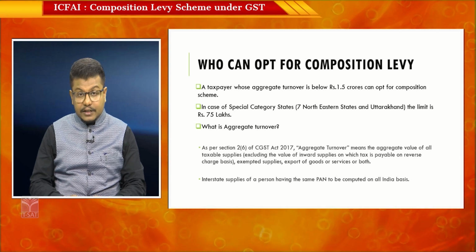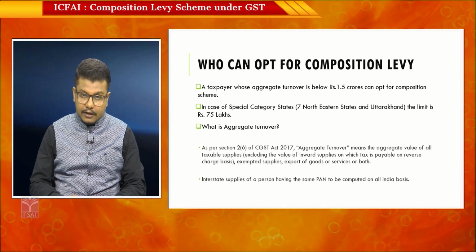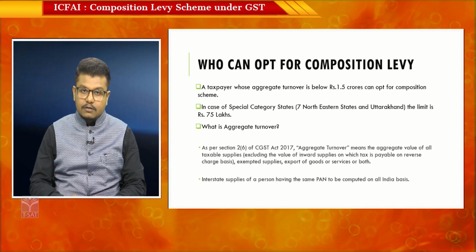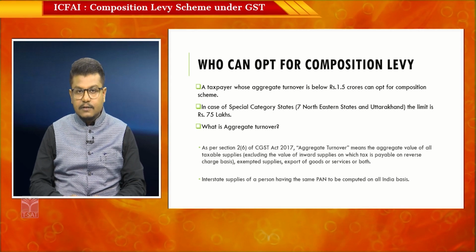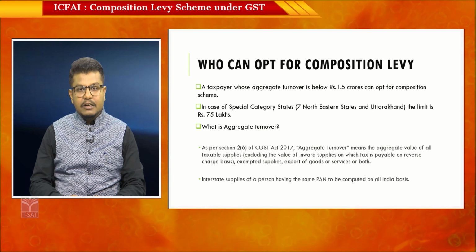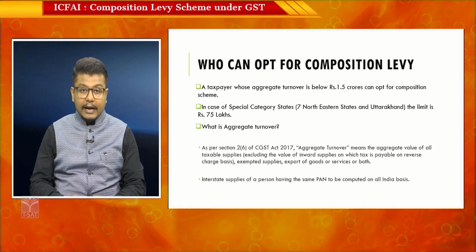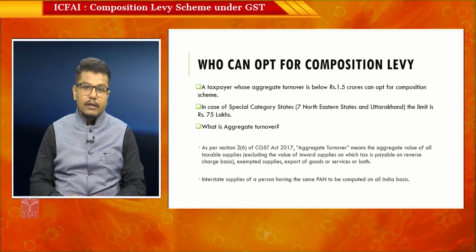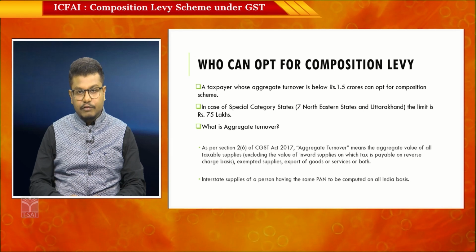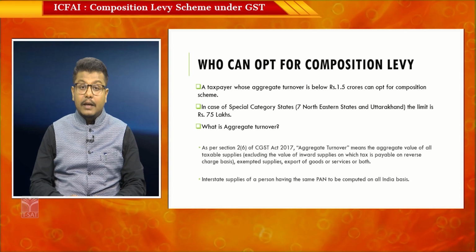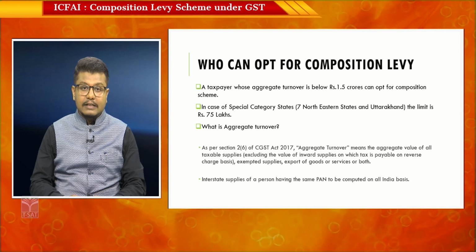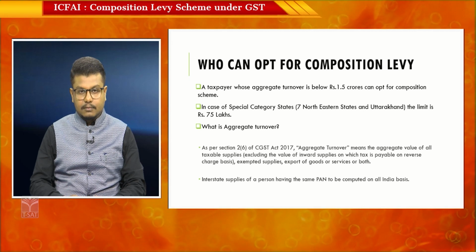For 8 states, 7 states of the Northeast, 7 sisters, and Uttarakhand, for those 8 states, the limit is 75 lakhs. And for the rest of the country, the limit is 1.5 crore. 1 crore 50 lakhs. The aggregate turnover must not exceed this threshold limit.